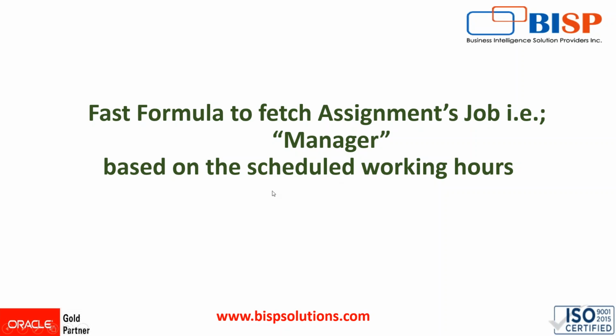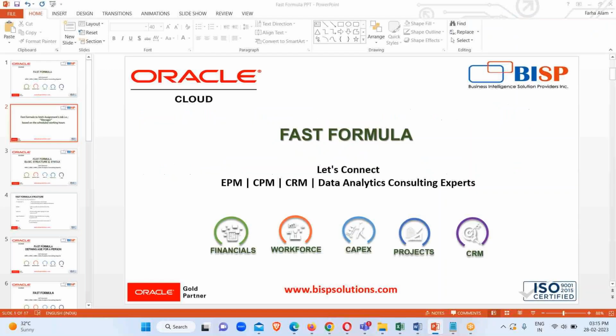So let me show you the code for this one, and then we will move to the instance and see how we can write the formula for this one, and how it will work.